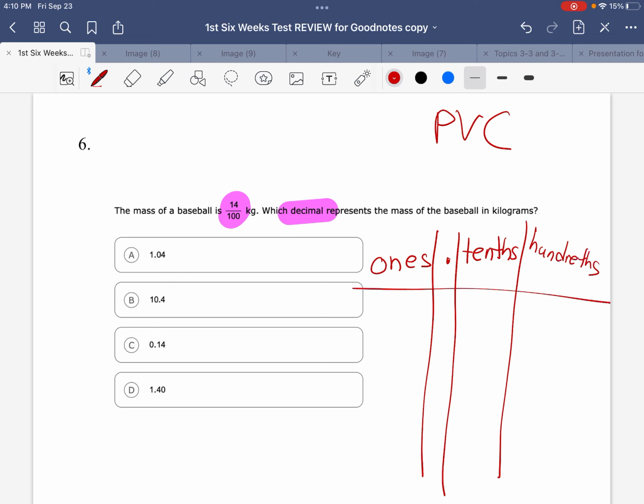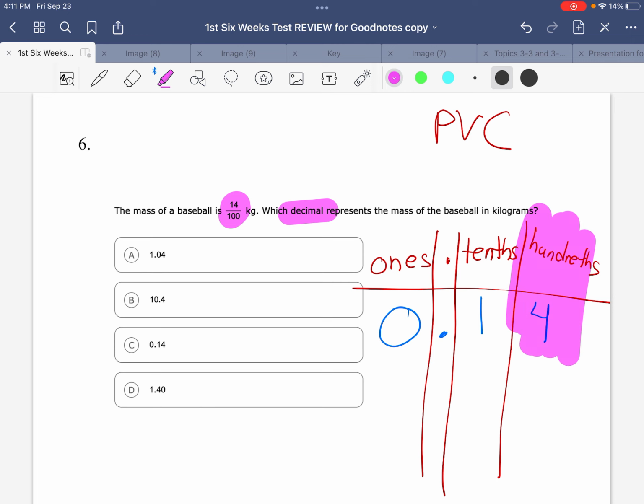There is no number on the side, so that tells me I'm going to have 0 ones. Drop my decimal. It says 14 over 100. So I'm going to put my 1, my 4. Since the 4 is in the hundredths place, that's why it says 14 over 100. And the one that looks like that is C.